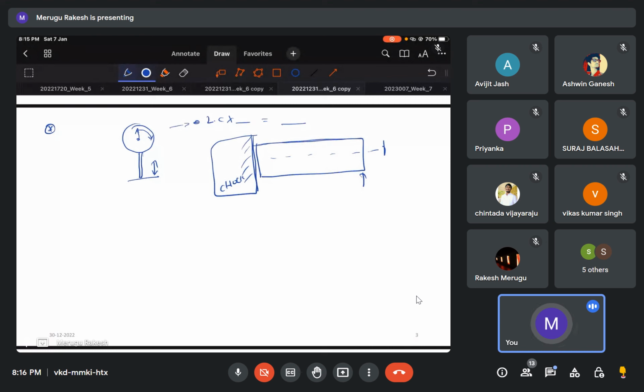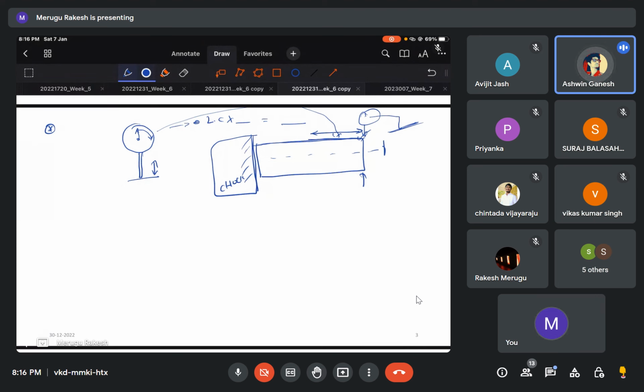So I will put the dial gauge here and move it around this side and this side, so that I will know that this surface is straight with respect to the machining bed. So this dial gauge will be fixed to the bed of the lathe. That is the reference I am taking. So that is one of the uses.